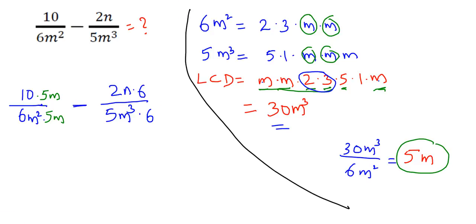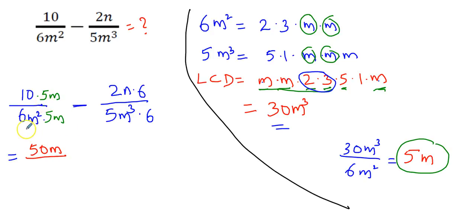Now let us multiply each of these numerators and denominators independently. First we'll do them separately: 5 times 10 is 50, times m is 50m.